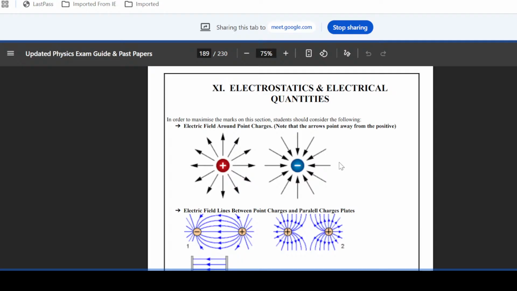Alright. Of course, opposite charges attract. So if you put two opposite charges beside each other, you see how the field lines will look. If you put like charges close together, they're going to repel.